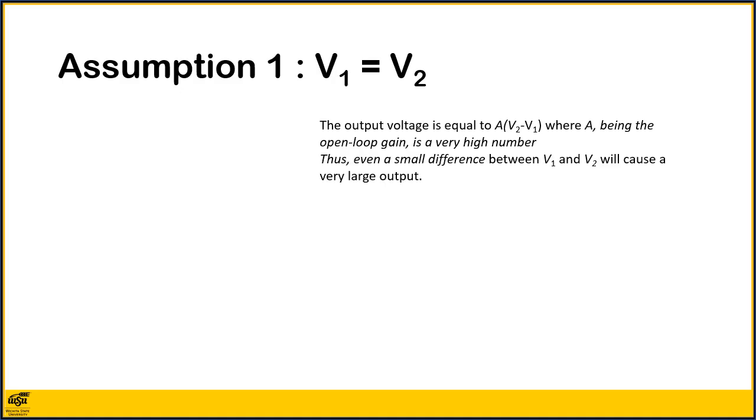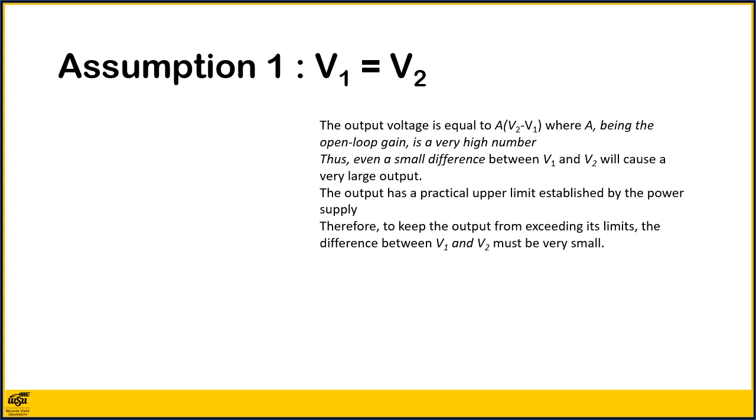Thus, even a small difference between V1 and V2 will cause a very large output. However, the output has a practical upper limit established by the power supply. Therefore, to keep the output from exceeding its limits, the difference between V1 and V2 must be very small. This is illustrated in the figure.